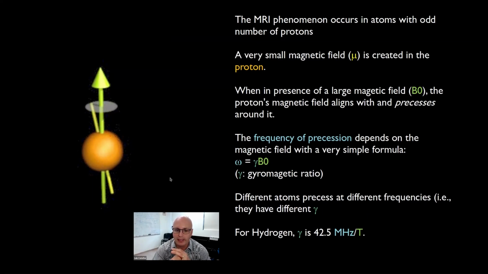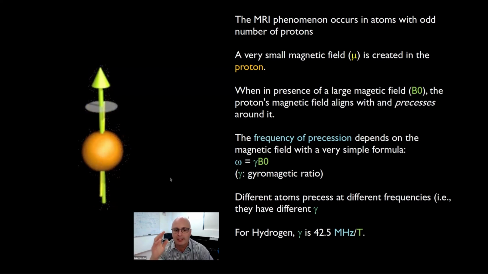So this yellow bar is a magnetic field that, when it's in the presence of a very large magnetic field that we're going to call B0, highlighted as this green large arrow, this mu, or little magnet associated with the proton, starts to move, so it aligns with the main magnetic field, B0.